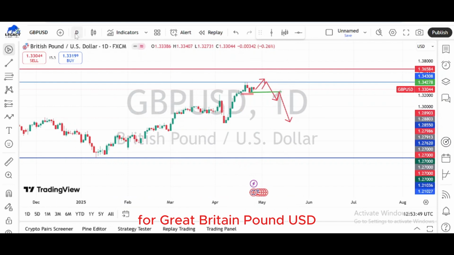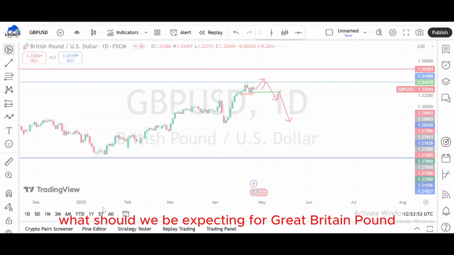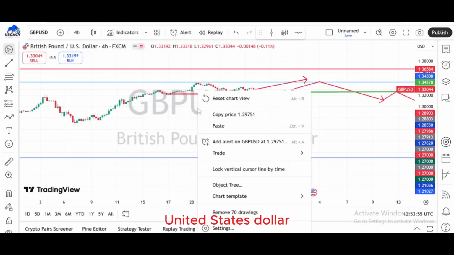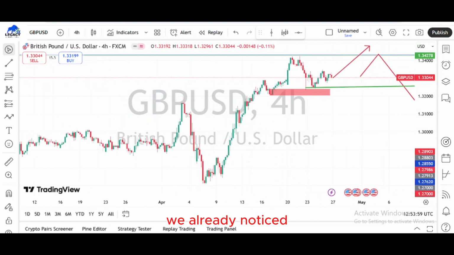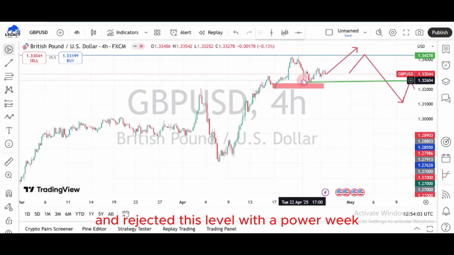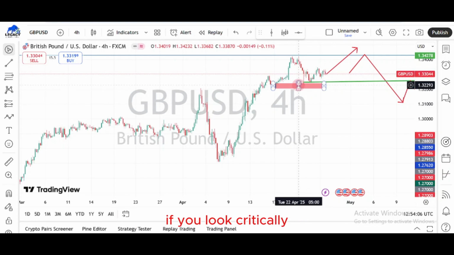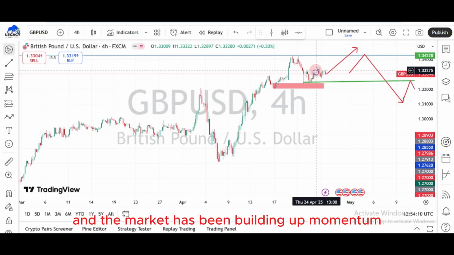Then on the 4 hours time frame, what should we be expecting for Great Britain Pound United States dollar? On the 4 hours time frame, we already noticed that the market had retraced to this level and rejected this level with a power wick. If you look critically, the market rejected this level with a power wick, and the market has been building up.